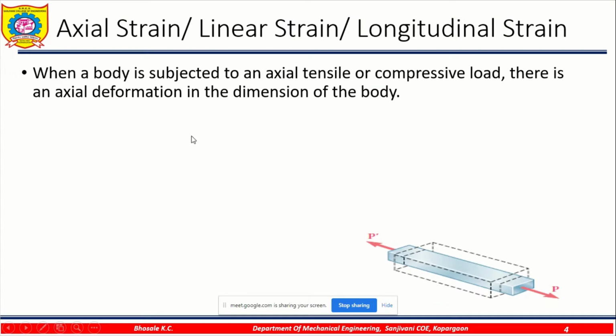So we have seen that when a body is subjected to axial, tensile or compressive load, there is an axial deformation in the dimension of the body. Suppose that we apply the load along the axis of the length, then there is an axial deformation in the dimension of the body.